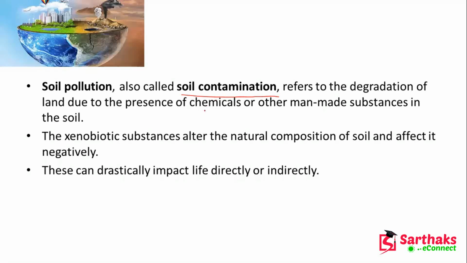It means the degradation of the land due to the presence of chemicals and other man-made substances, which we have already given as the definition in the earlier slide. The xenobiotic substances alter the natural composition of soil and affect it negatively, and this can drastically impact life directly and indirectly.